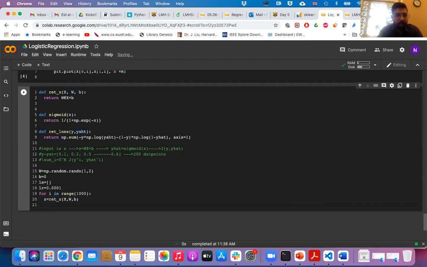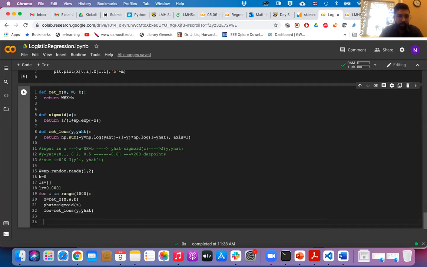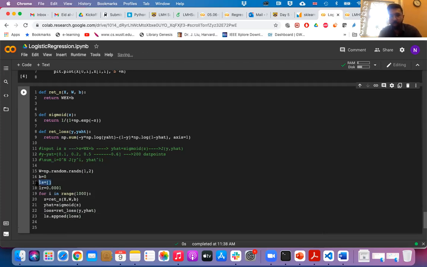Then I have to get y hat, which is the sigmoid of z, and then I have to get loss, which is return_loss of y and y hat. So the forward pass is done. I want to store these values of losses because I would do plotting, so I will just append it to my list. ls is the list of all the losses.